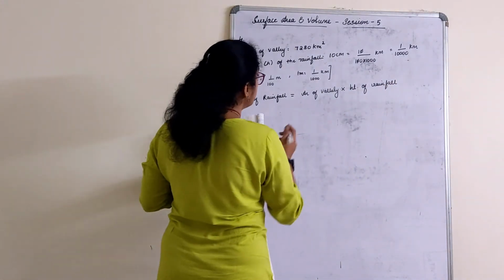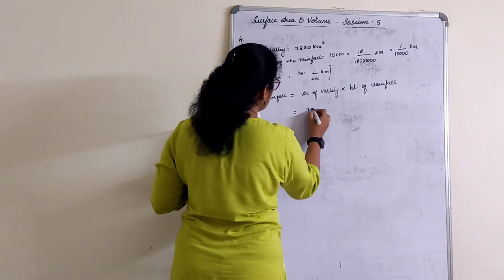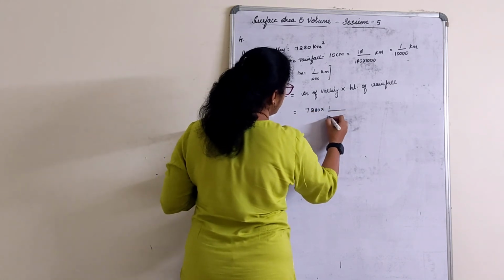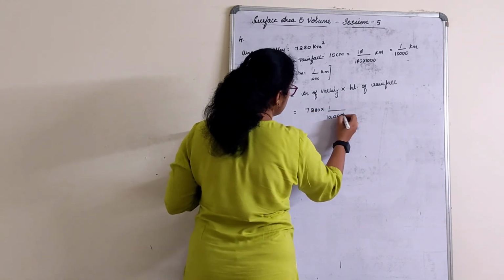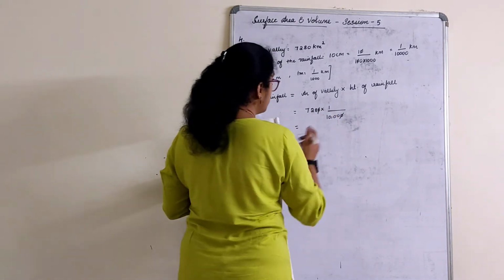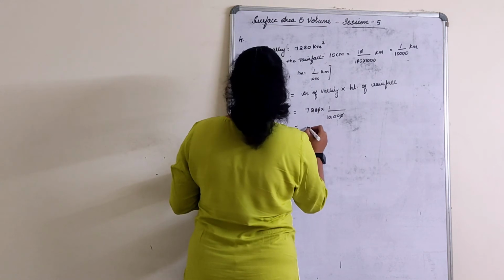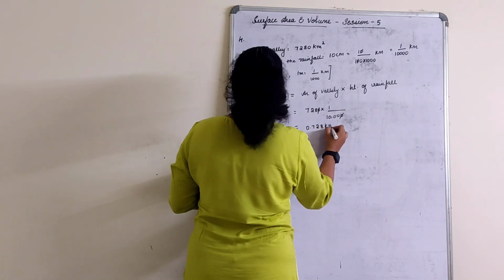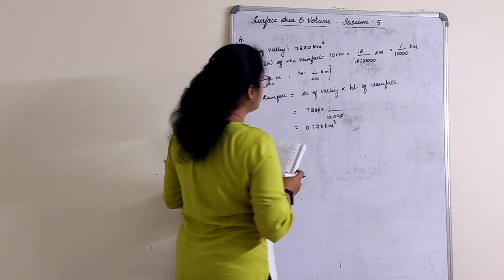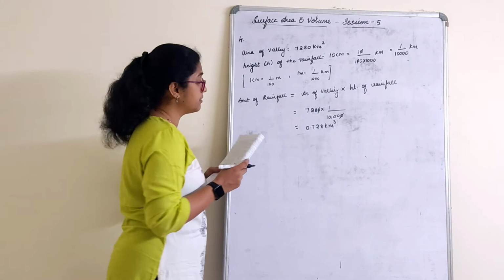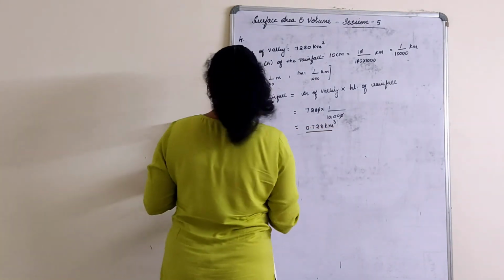Okay, so area of the valley is how much? 7280 into 1 upon 2, 3, 0, 0. Further calculation, when you do this, shift those number of zeros. 0.728 kilometer cube. Area of rainfall. What that is nothing but the volume what we actually calculate here. Keep this as it is.